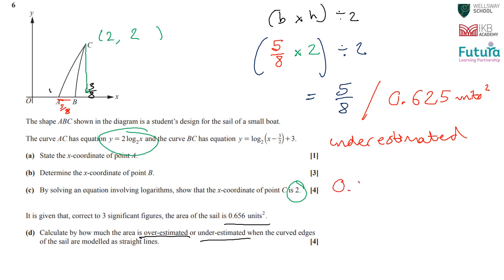So 0.656 take away 0.625 gives an answer of 0.031 units squared. And so the key things it was looking for in this answer, we're looking for the word underestimated, and then we're looking for this specific amount.